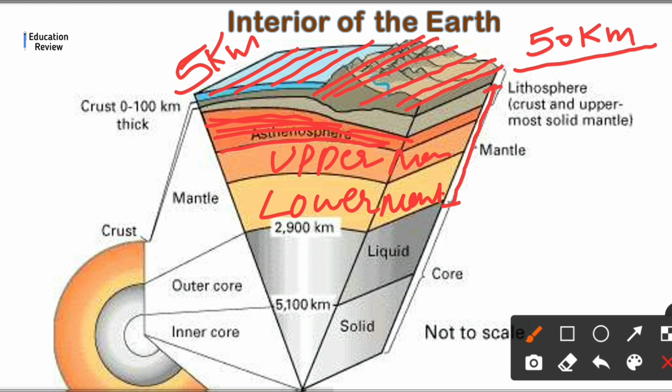Now a question arose: how is the asthenosphere a jelly-like structure? Because with the increase of depth the pressure also increases, and when pressure increases the temperature will also increase. Some radioactive materials are also found here.